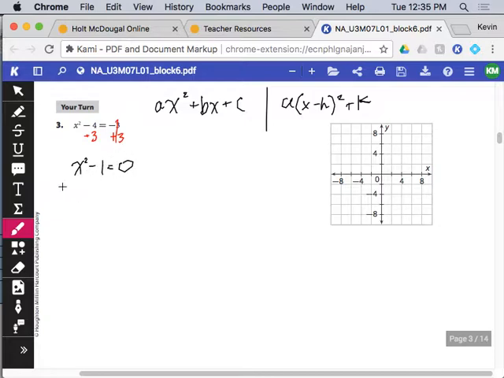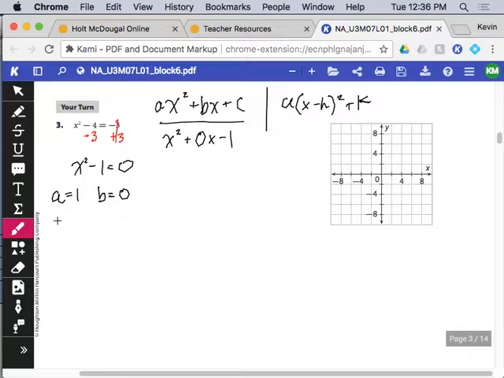Okay? So if it was in standard form, then it would be 1x squared plus 0x minus 1. You see that? Because there's no x term. Okay? And so in that case, a would be equal to 1 and b would be equal to 0. Does that make sense to you guys?